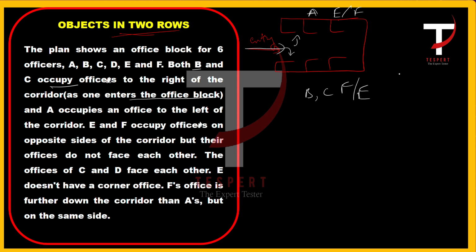But E and F won't face each other, though they are on opposite sides. As D is left, D will be here. So the order is D, A, either E or F, B, C, either F or E. Let me draw one more.